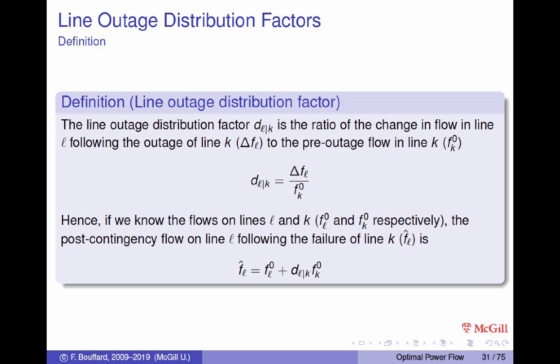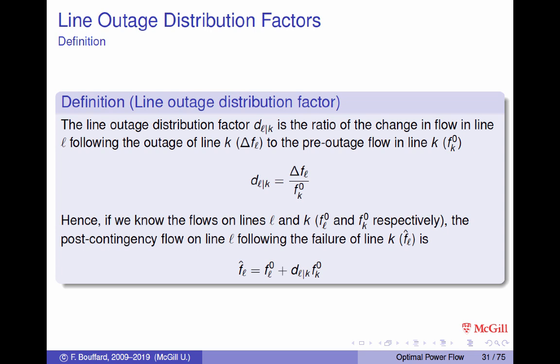And again, this could be tedious, especially if we have a very large power system. So the idea of a line outage distribution factor is to effectively determine the impact on the flow of any line, call it L, due to the loss of another line, K.